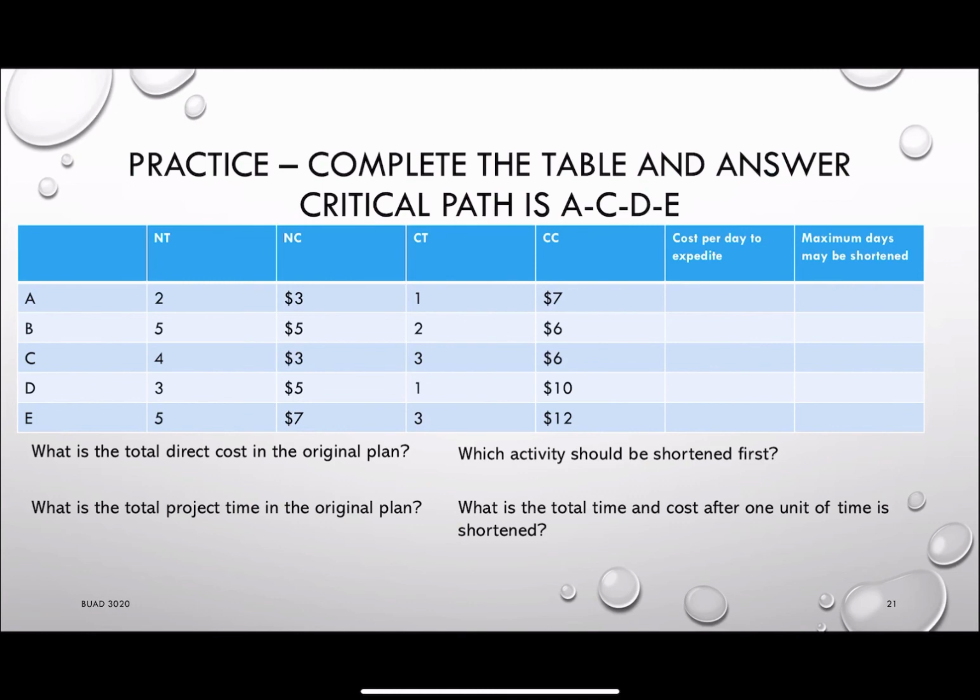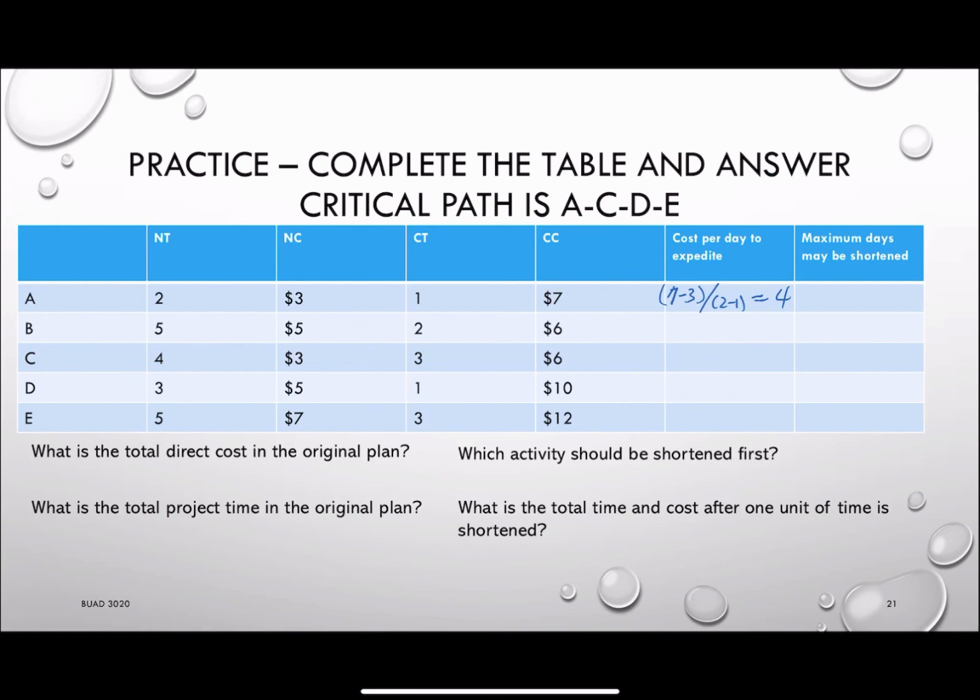So for activity A, we know the crash cost will be 7, normal cost will be 3, the crash time will be 1, and the normal time will be 2, which means my cost per day to expedite will be equal to 4.